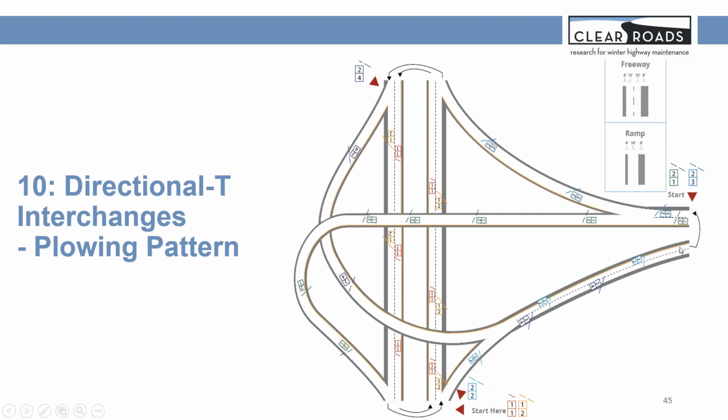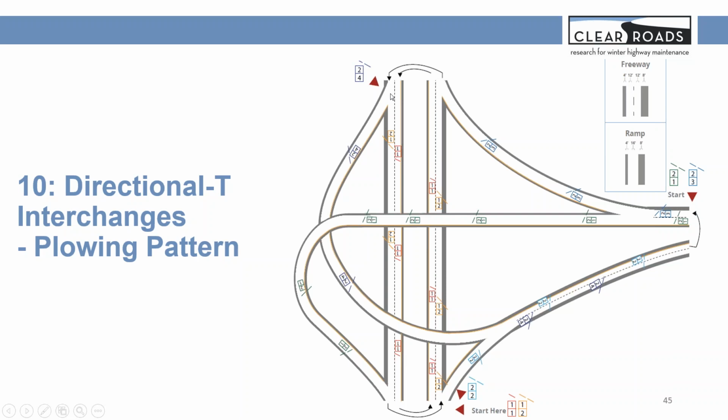And when it gets to the far end point, the truck will turn around, start pass number 3. And this pass will clear the on-ramp, so it stays to the right, both front and right wing plow to push snow to the right. And the truck gets onto the on-ramp, and then merges onto the main road and makes a U-turn to start the last pass, pass number 4.